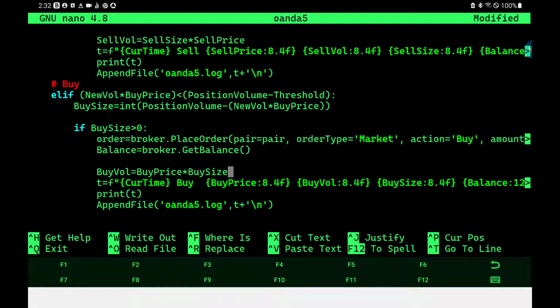And here we go: buying price and buying size. And then, of course, print the information on the screen. Show the user. But because this is a purchase, write it to the file just in case the user isn't around watching the screen.